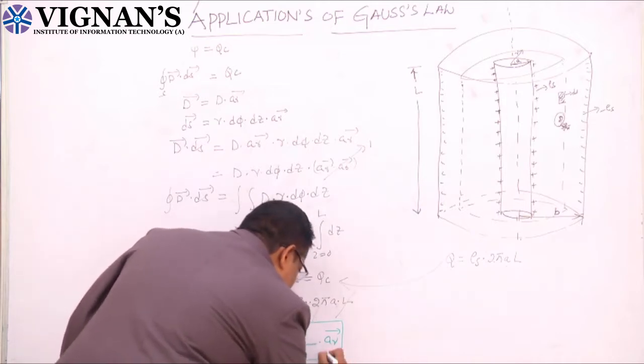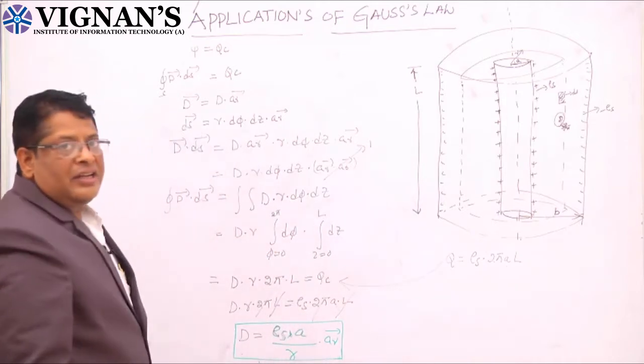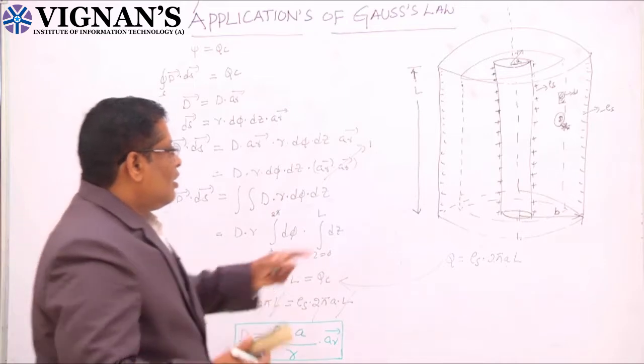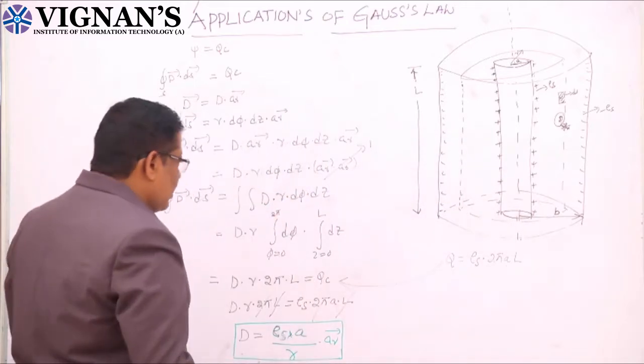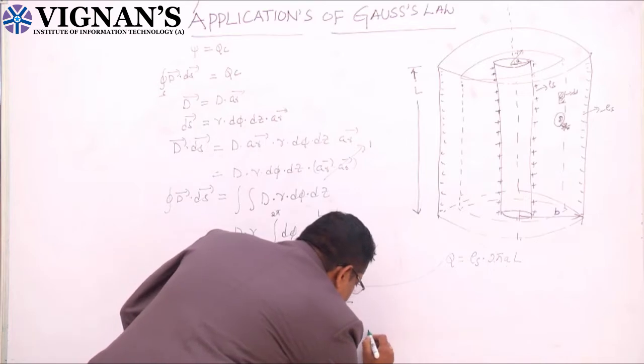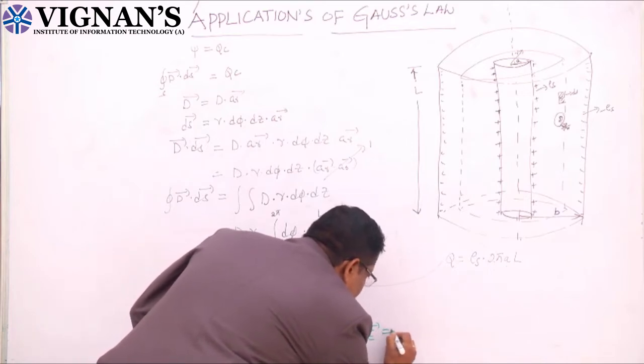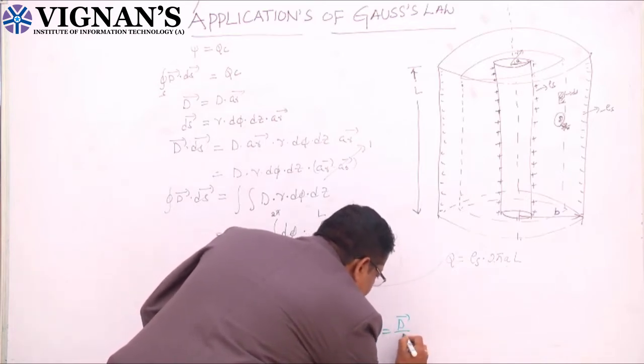This is the flux density between the cable, in this area. Now the electric field intensity: E bar equals D bar by epsilon.